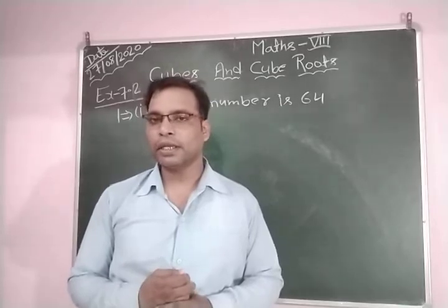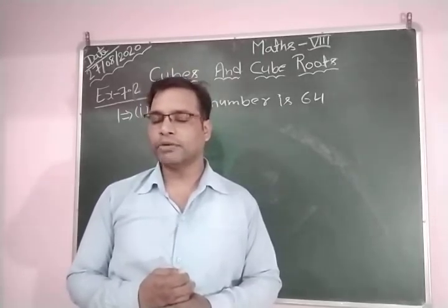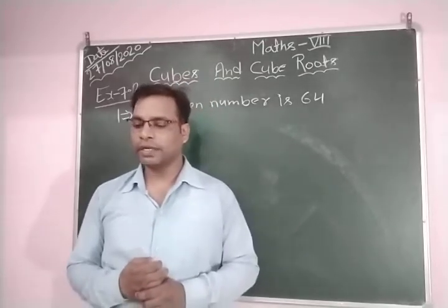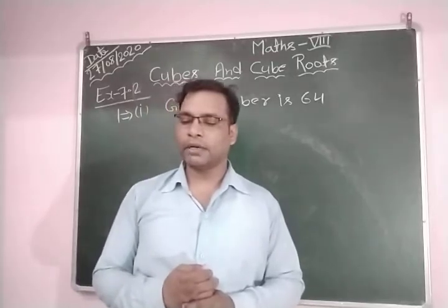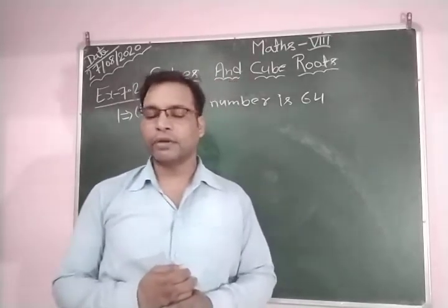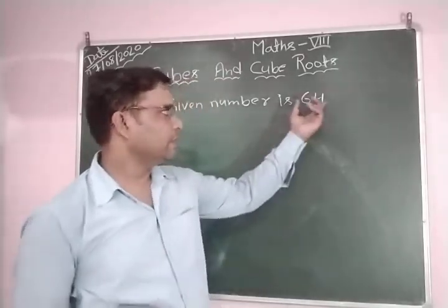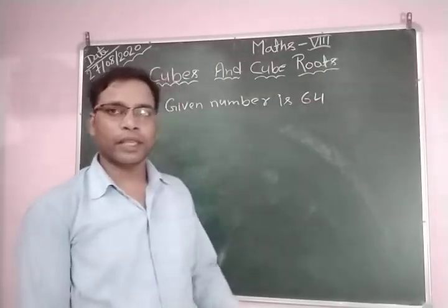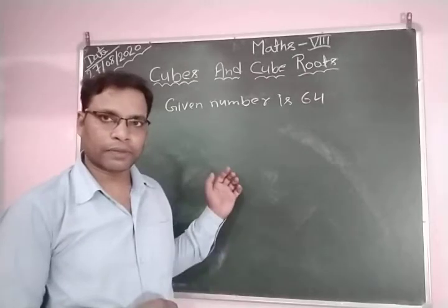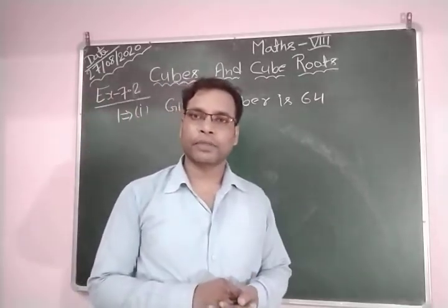The given numbers are 64, 512, 10,648, 27,000, 15,625 and 13,824. So first we start with 64. And before it we discussed how to find cube roots by the prime factorization method.